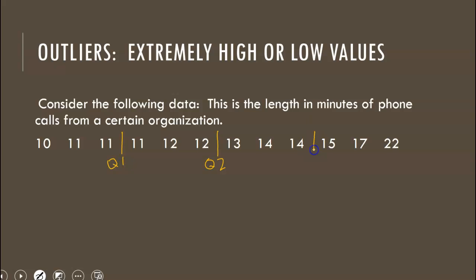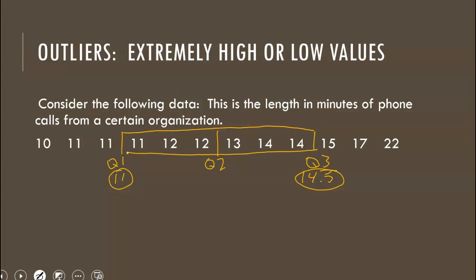Then we would take our upper half and cut that in half, and that would be our Q3 value. So in this example, our Q2 value would be 12.5. Our Q1 value would be 11. And our Q3 value would be 14.5 because it would be right between 14 and 15. So these are the values that would make up our box in a box and whisker plot.